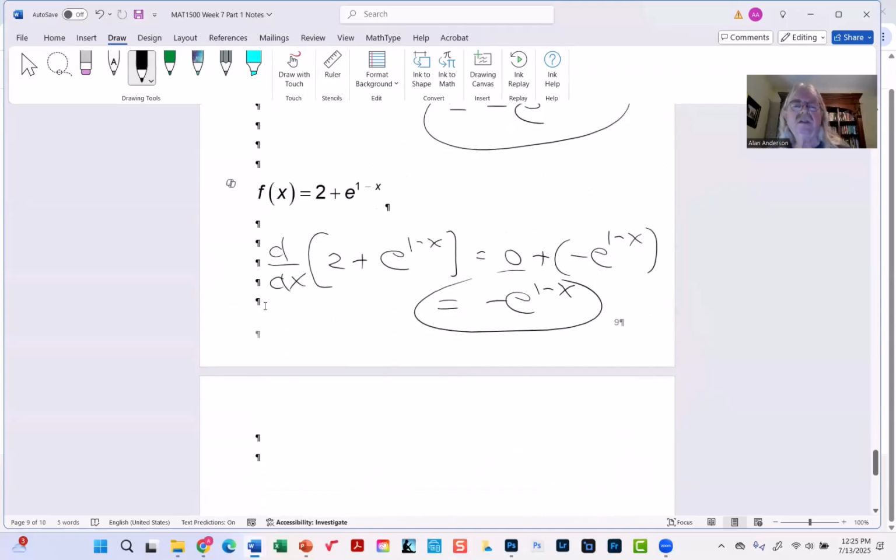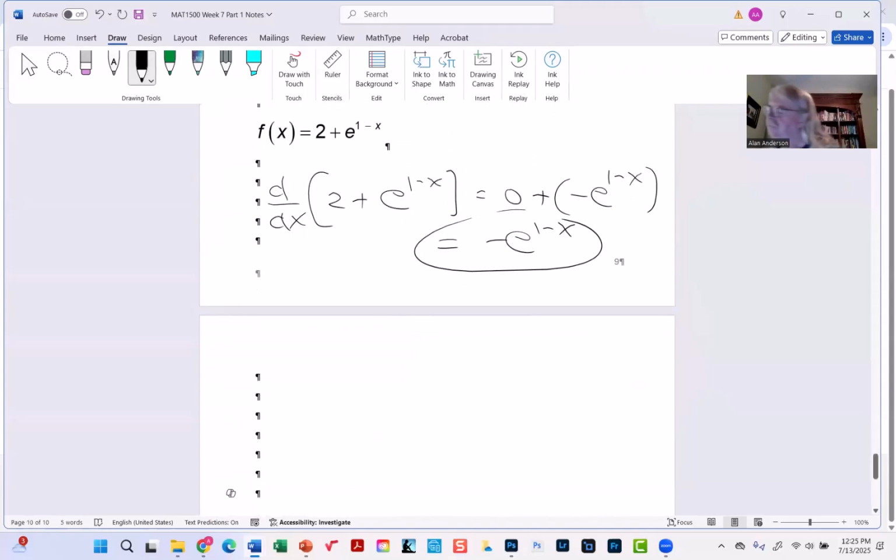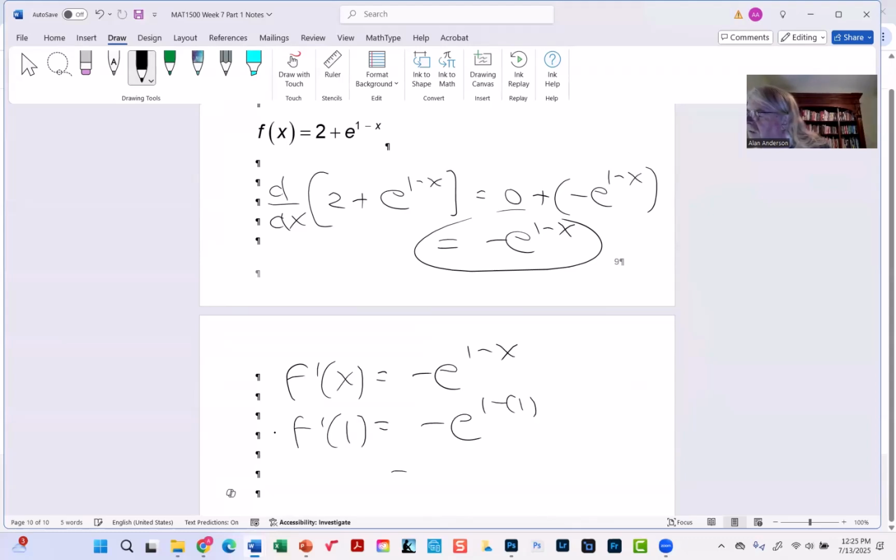So in other words, if this is f prime of x, it's f prime of 1. Now anything to the 0 power is just 1, so the final answer is negative 1.